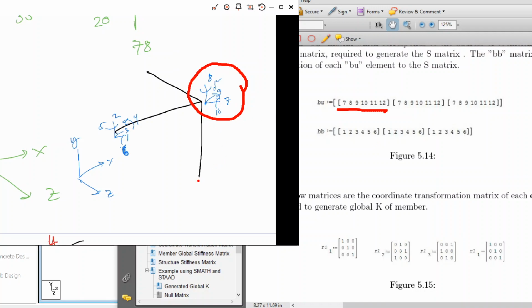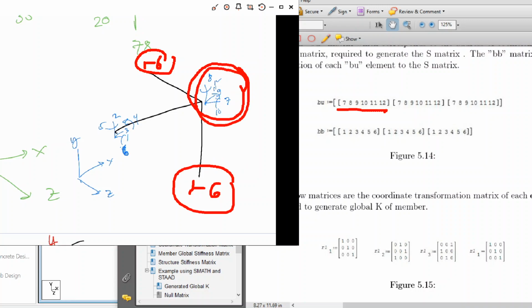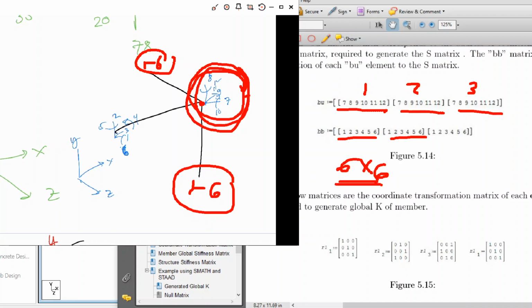So that means my 1 to 6 here is here, and then the code 1 to 6 for member 2 is here. So everything 7 to 12 is in this joint. Okay, for member 1, member 2, and then member 3. And since the S matrix will be 6 by 6, because we are only getting the displacements on this joint, and that will be 6 displacements, 3 translations, 3 rotations, so 6 by 6. And these are the locations.